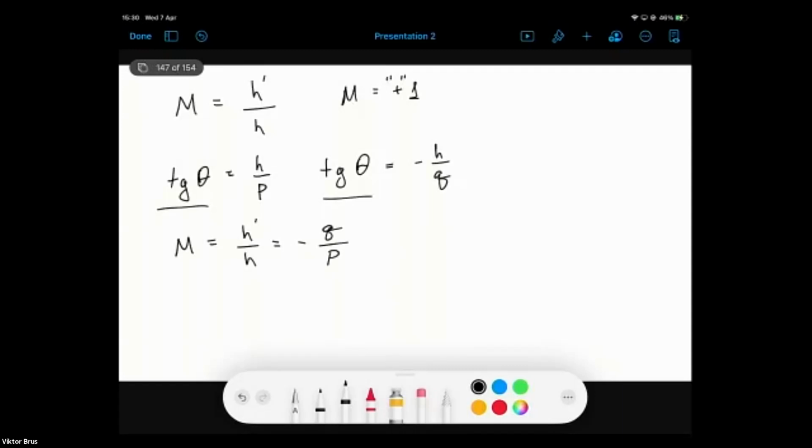So that is the definition of magnification of this concave spherical mirror.